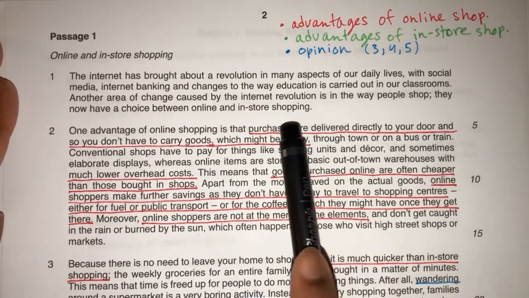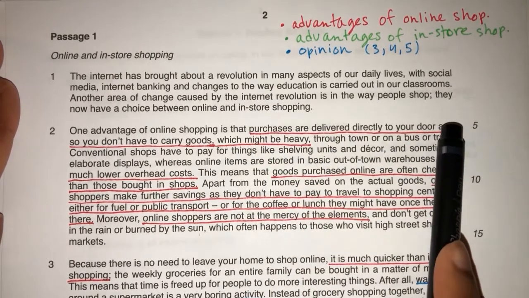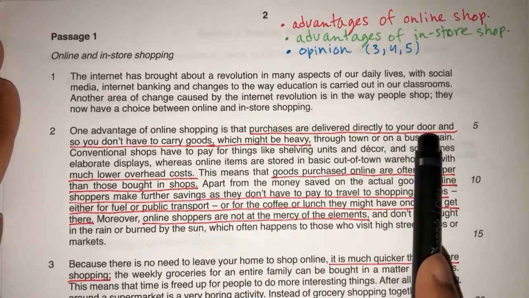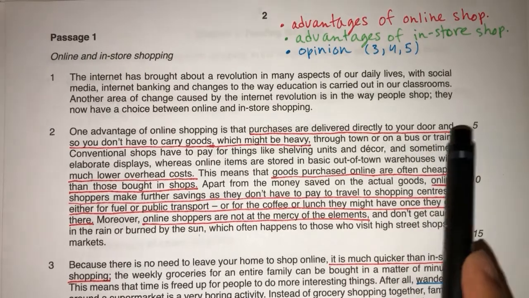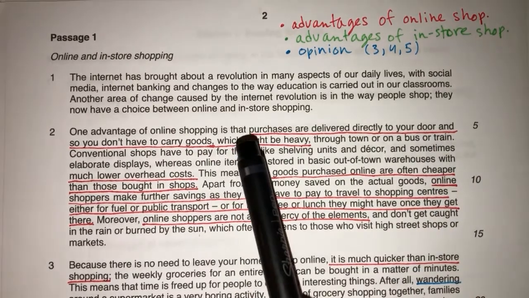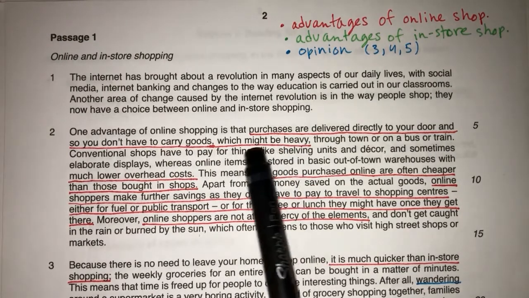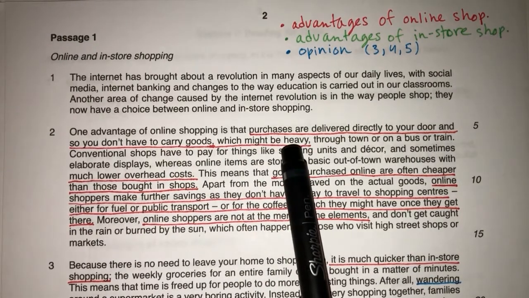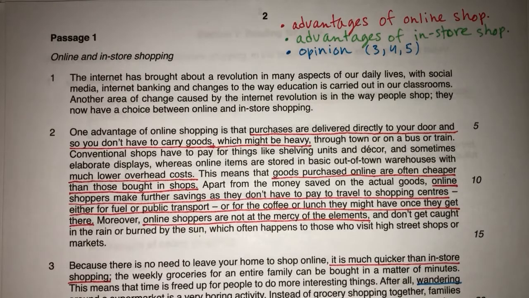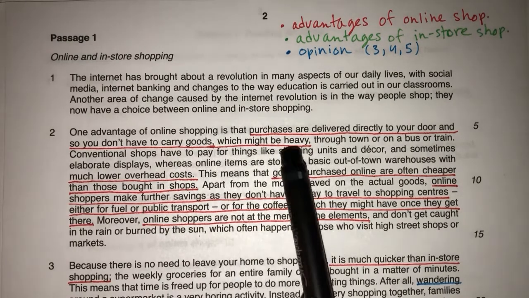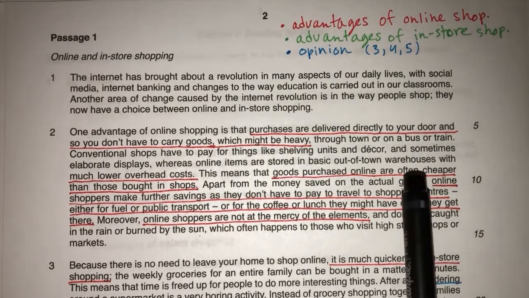You could even just leave it here. Purchases are delivered right to your door. But if you want to add a little more, which I did, I also added that you don't have to carry heavy things. So it's basically 2 in 1, 2 perks in 1, but up to you. But it's no wrong to just have it short and precise. Okay, let's move forward.